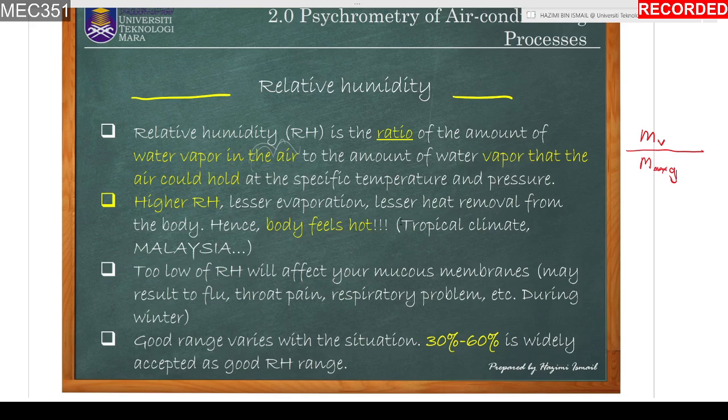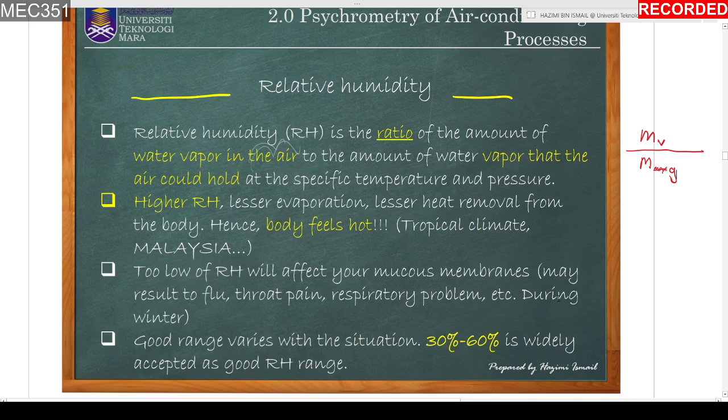Tapi kalau terlalu rendah, too low relative humidity will affect your mucous membrane dalam tekak ni, dalam leher awak lah. It may result in flu, throat pain, respiratory problems. Ni especially in the winter climate.